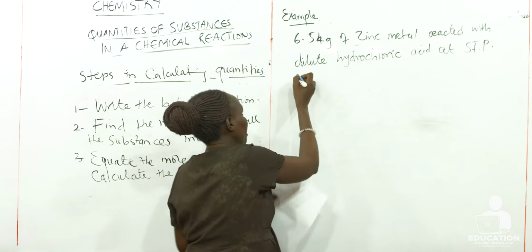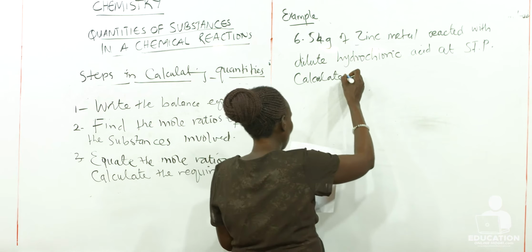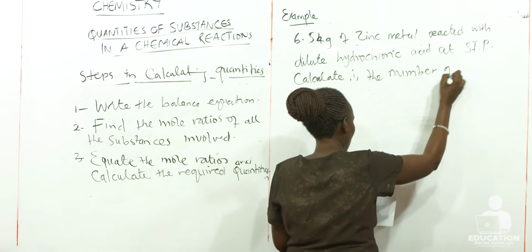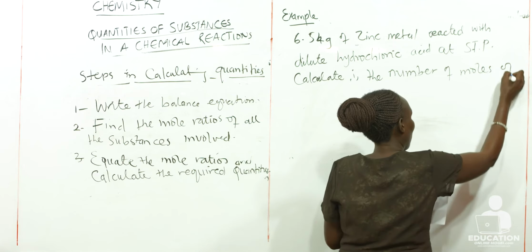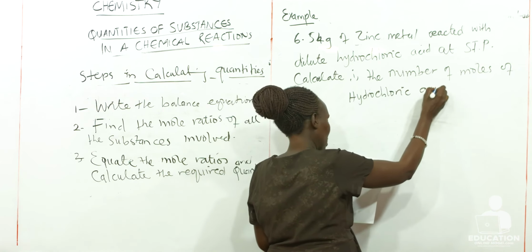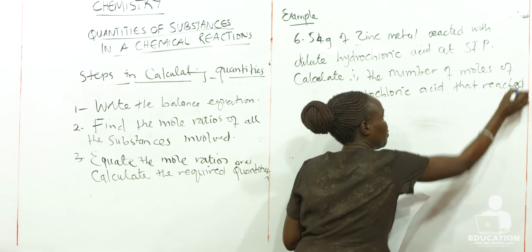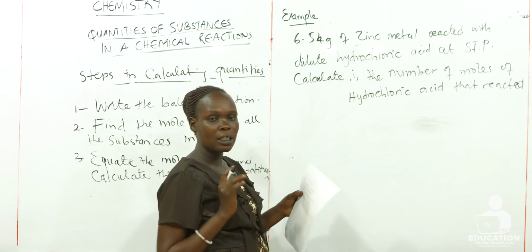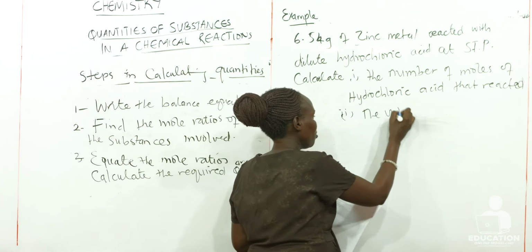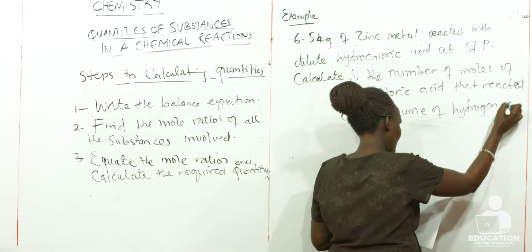So you are required to calculate, 1, the number of moles of hydrochloric acid that reacted. 2, you are asked to get the volume of hydrogen gas produced.